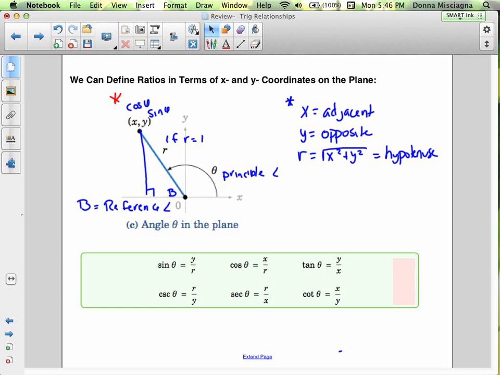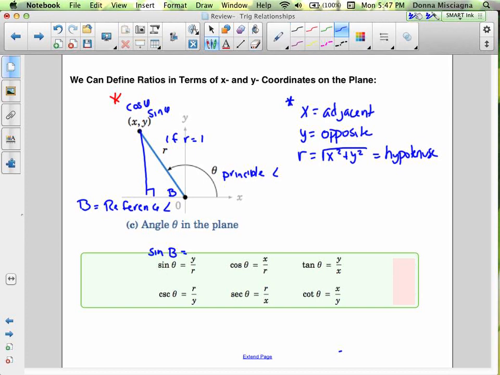All right? And here, the value we get for theta will be exactly the same as the ratio we would get for the reference angle. So that's how we can use a reference angle to evaluate a principal angle.